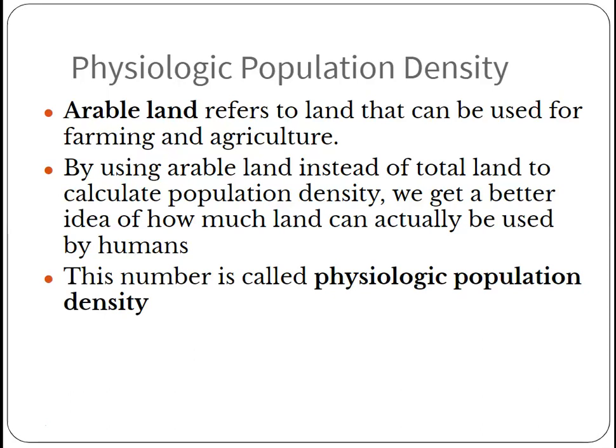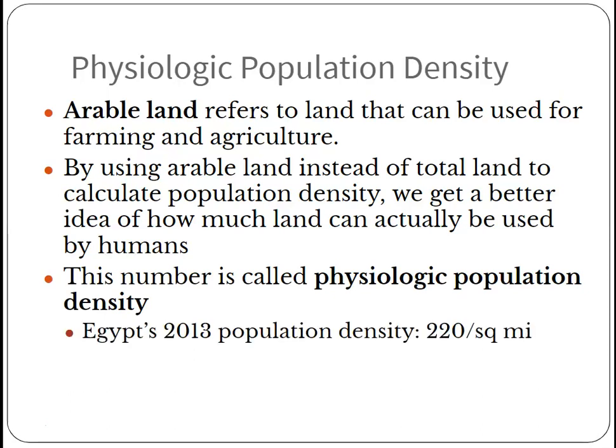So for this physiologic population density, for example, looking at Egypt again, that 2013 population density, if I just look at the entire square mileage of the whole country, I've got 220 people per square mile.